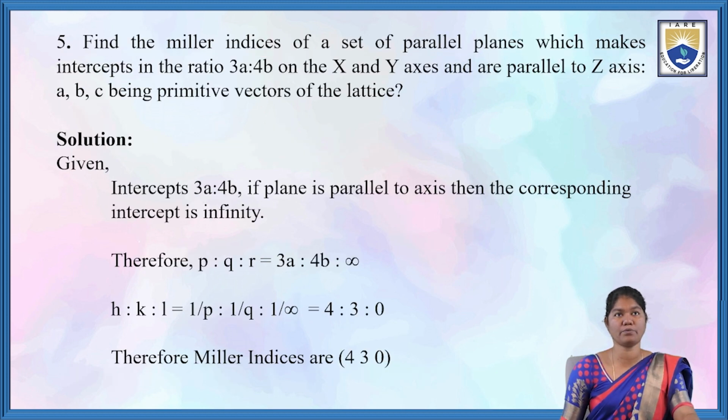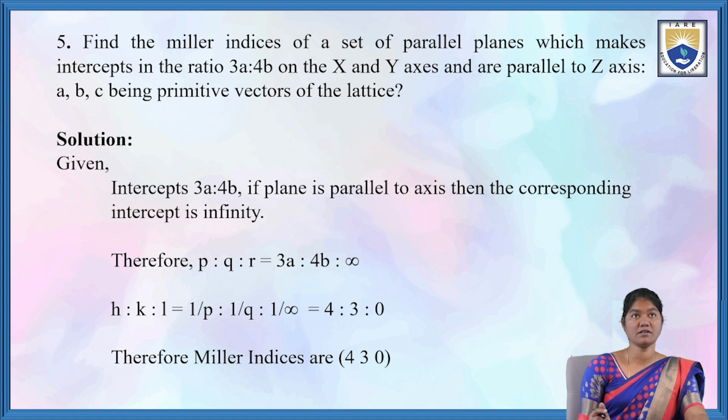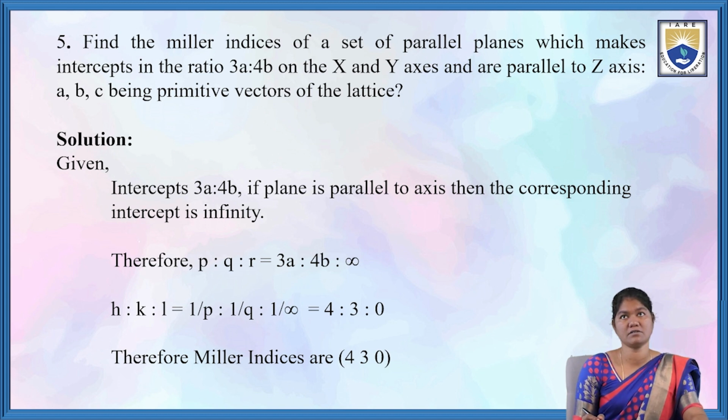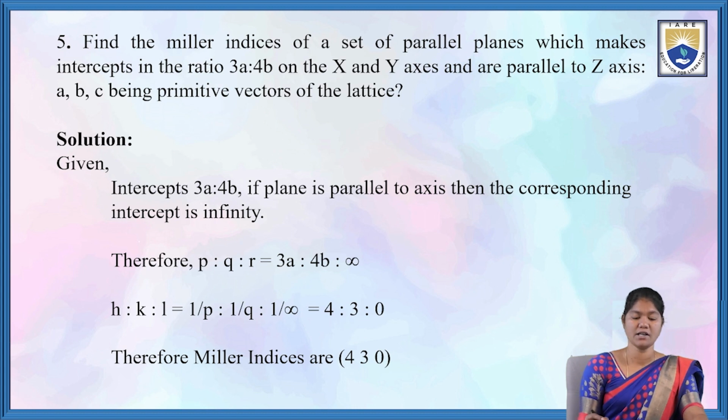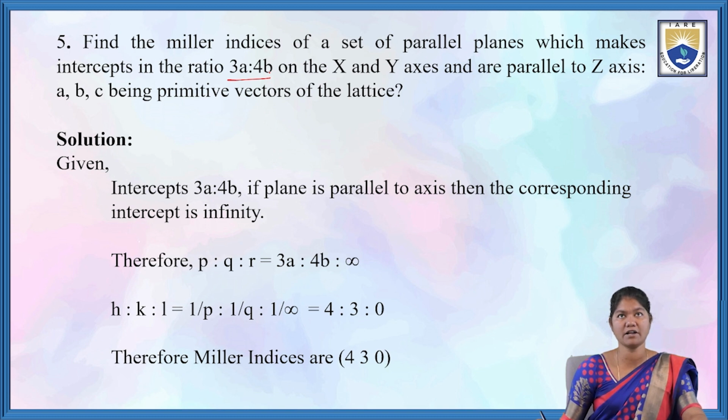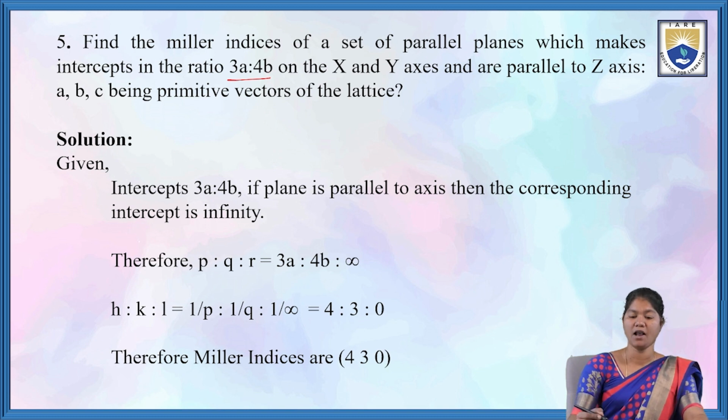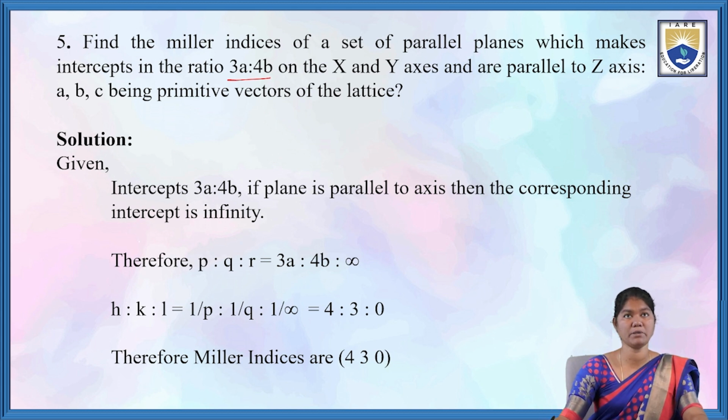So the next problem: find the Miller indices of a set of parallel planes which makes intercepts in the ratio 3a is to 4b on the x and y axis and are parallel to the z axis, a, b, c being primitive vectors of the lattice.